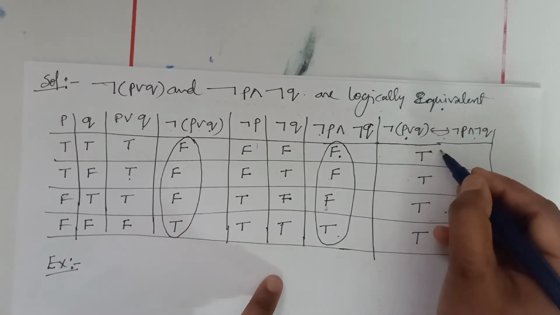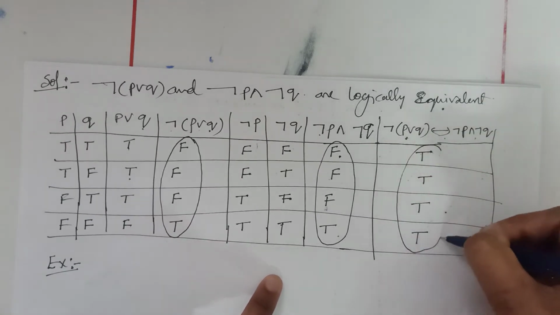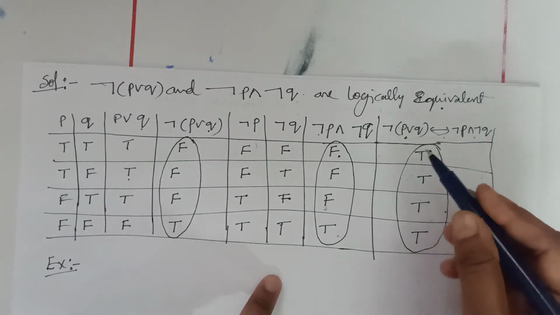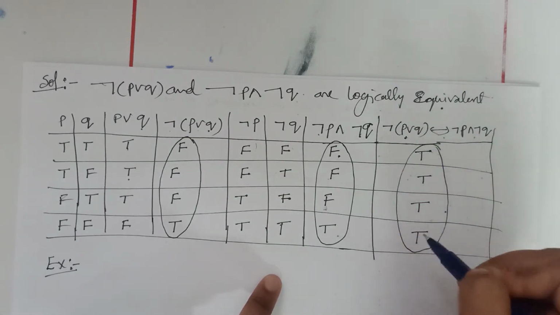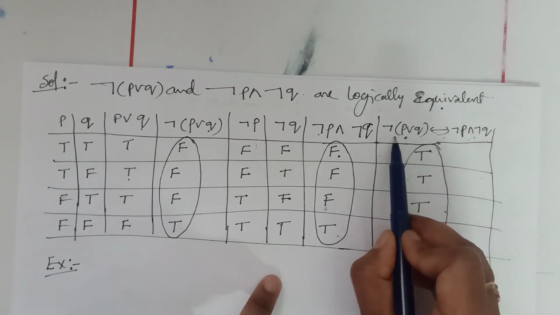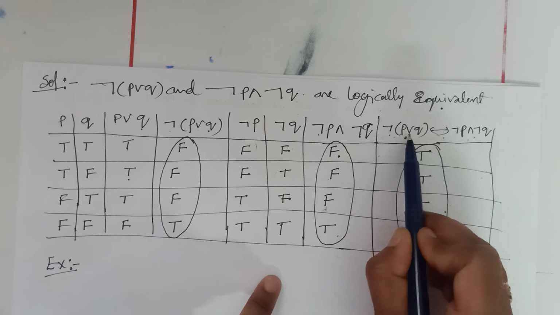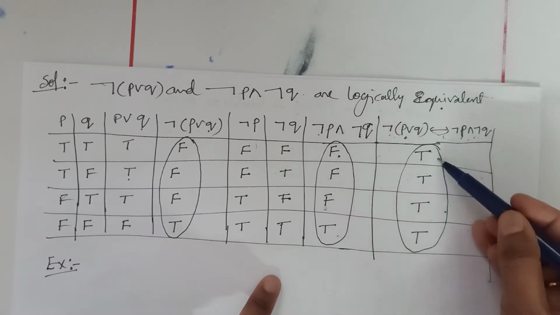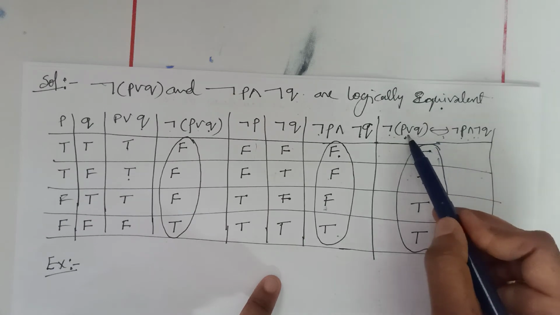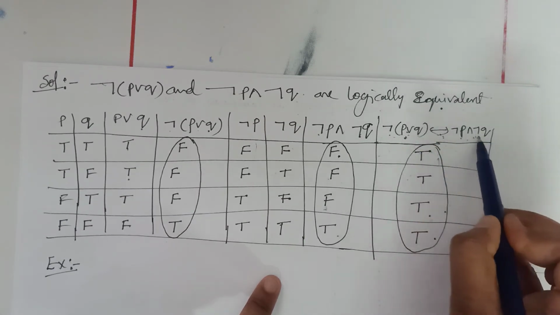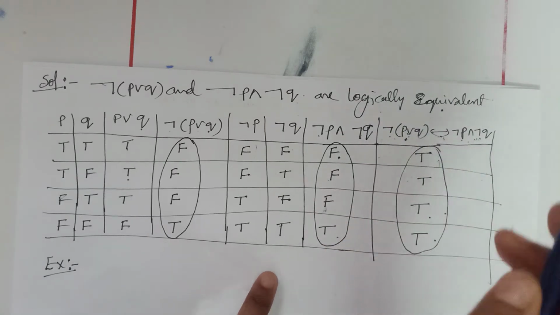Look at these values: all truth values are true, true, true, true. Therefore the statement formula negation of P or Q biconditional negation P and negation Q is a tautology. So when P biconditional Q is a tautology, P and Q are logically equivalent.